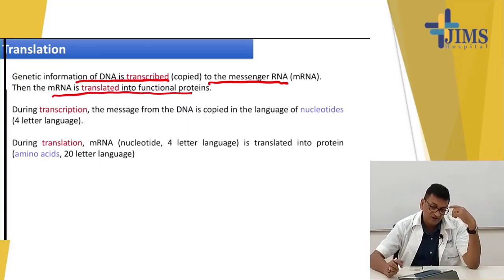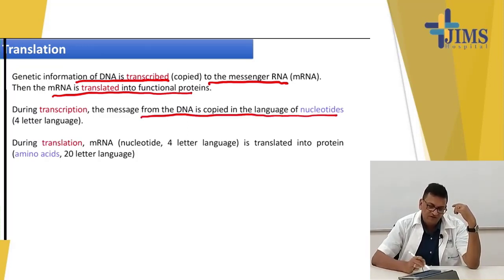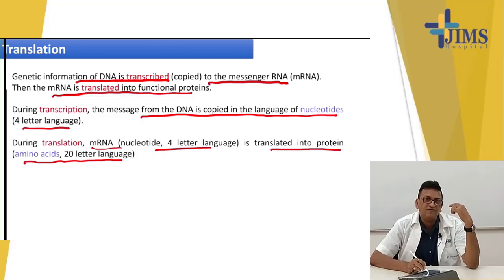During transcription, the message of DNA is copied into the language of nucleotides, that is a 4-letter language. During translation, this mRNA 4-letter language is translated into amino acids, which is a 20-letter language. So this is what translation is.